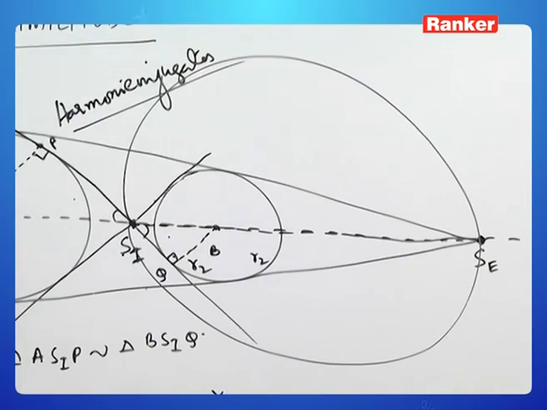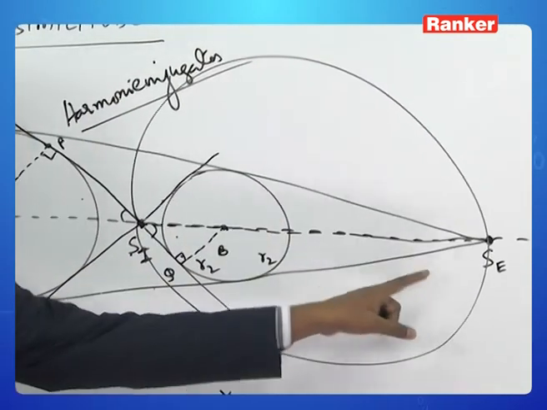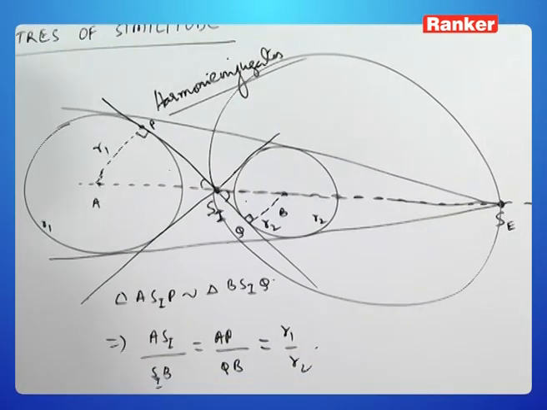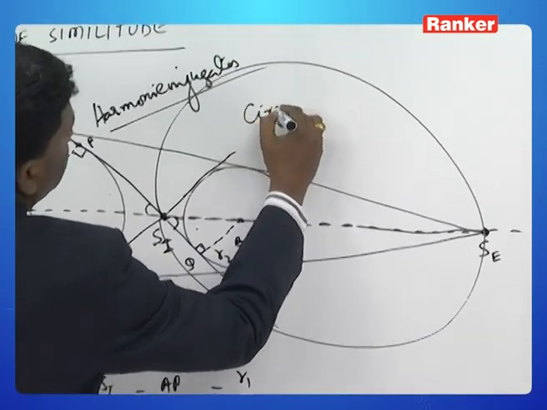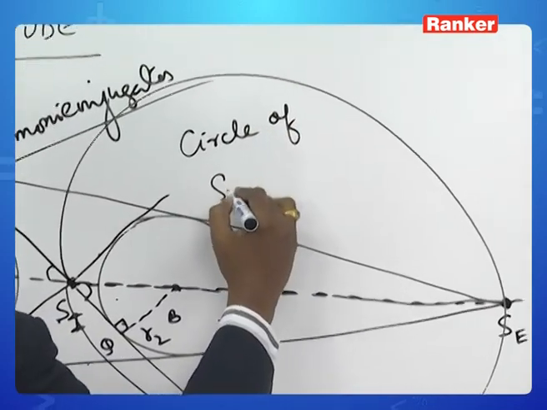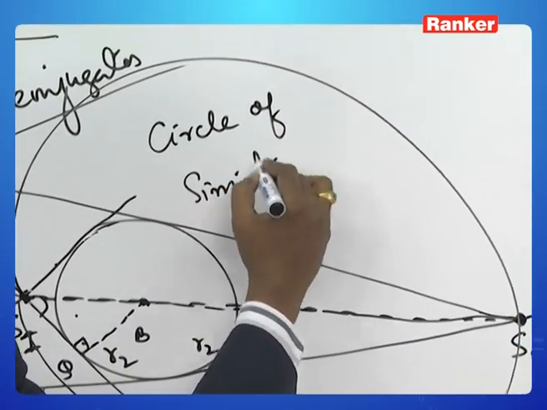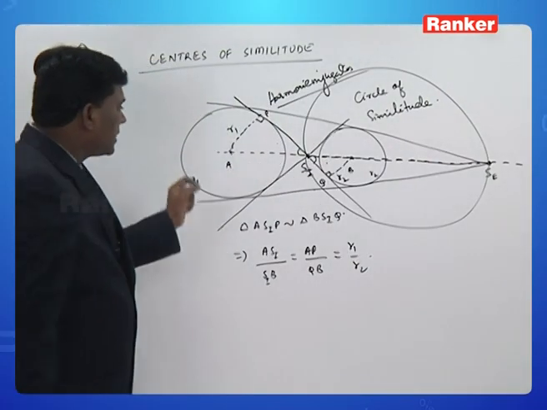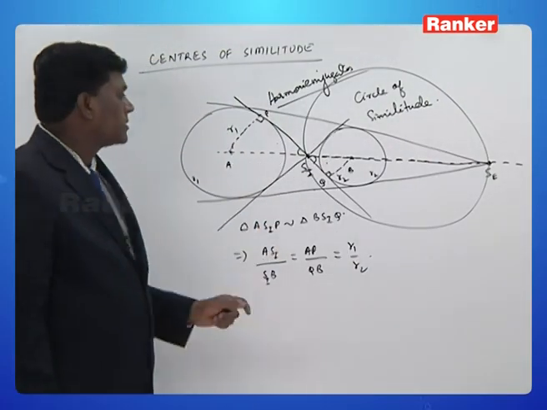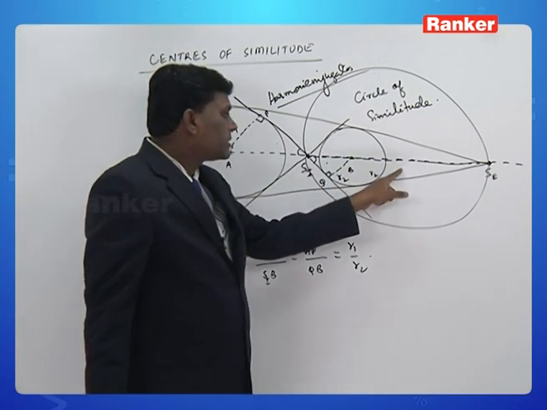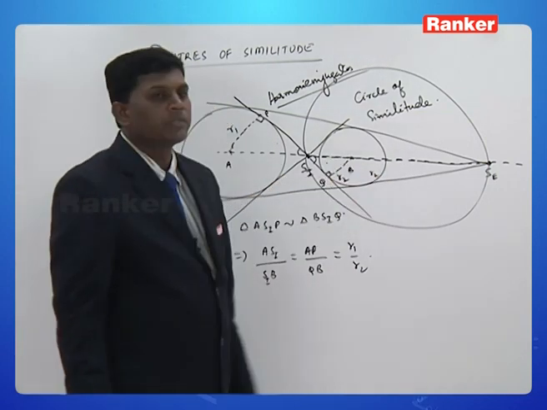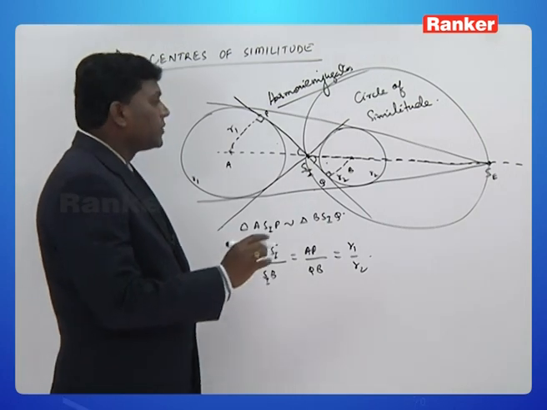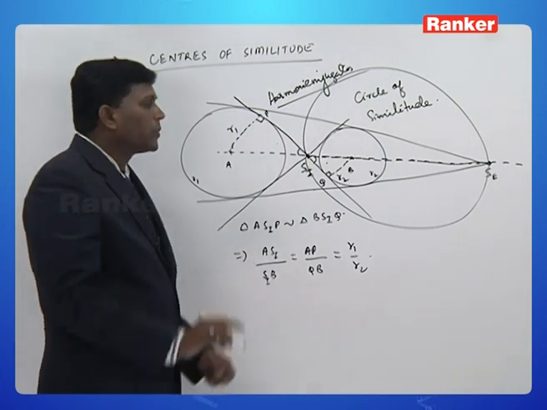We can construct a circle with the centers of similitude as a diameter, which is defined as the circle of similitude. The circle with SI and SE as extremities of a diameter is defined as the circle of similitude of the given two circles.